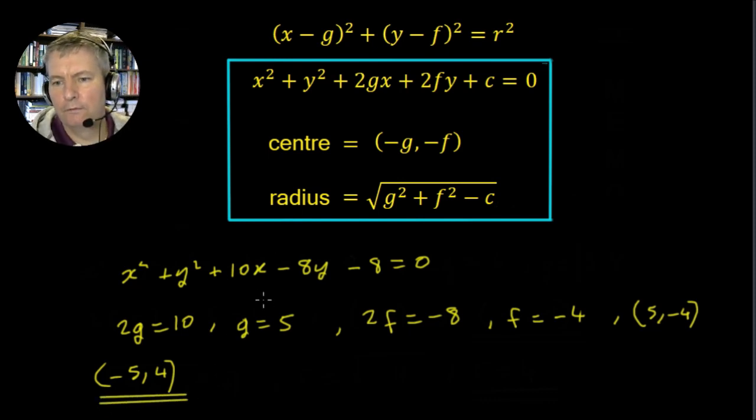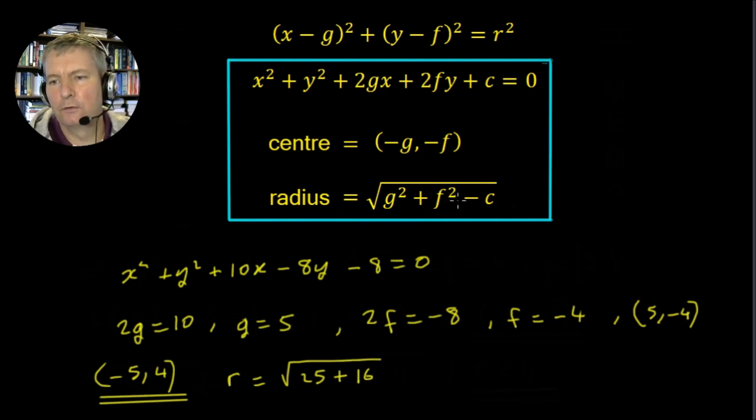Now we're also looking for the radius, and we know the radius is going to be equal to the root of g squared. Well, g is equal to 5, so 5 squared is 25, plus f squared. Well, f is minus 4, so minus 4 squared is 16, and then we're going to have minus c.